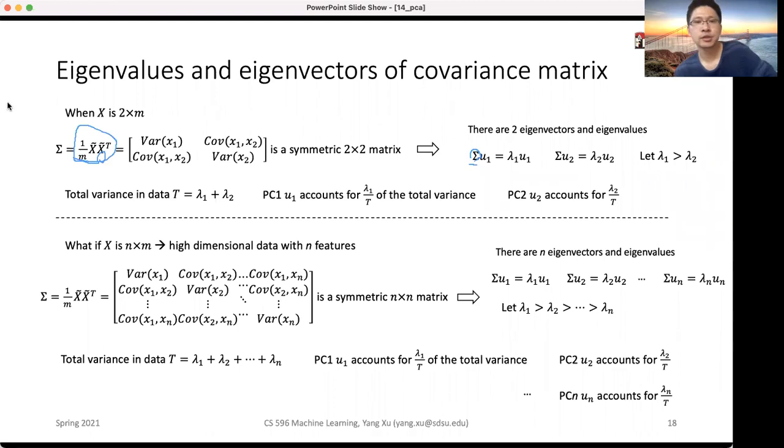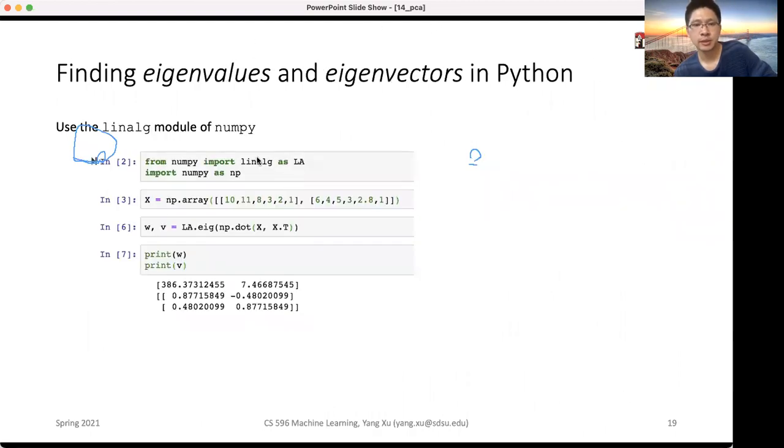Okay, so let's look at the next slide for how to find the eigenvalues and eigenvectors in Python using NumPy. It's actually a very straightforward few lines of code.